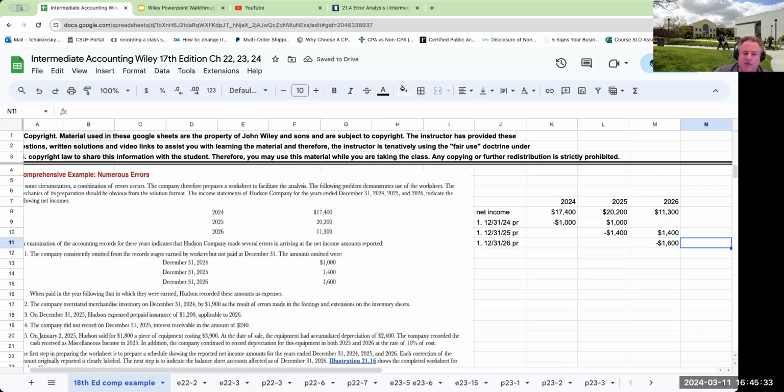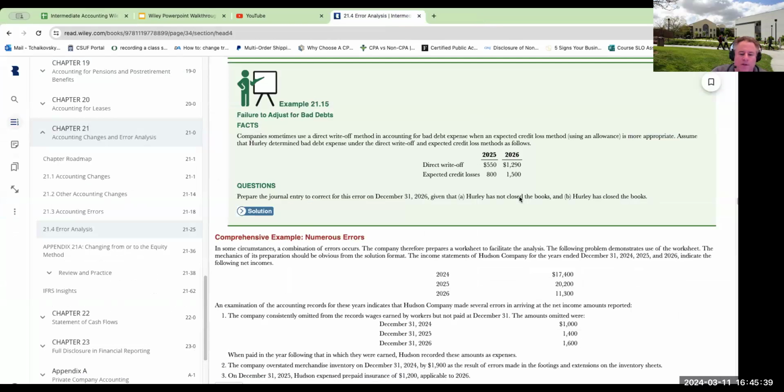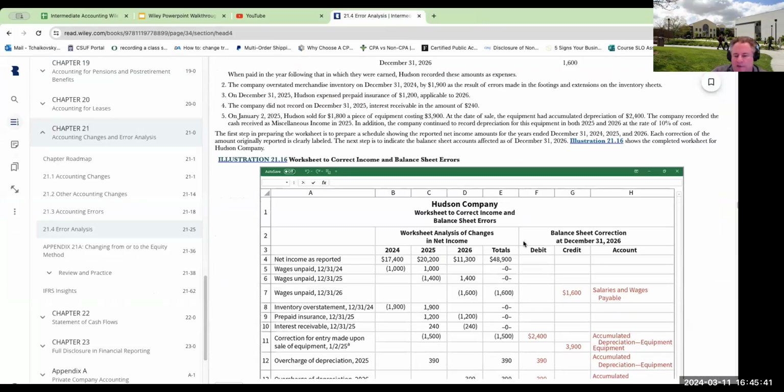Now, what's interesting about this problem is that it's asking us to do a chart like balance sheet correction, debit, credit, the account.